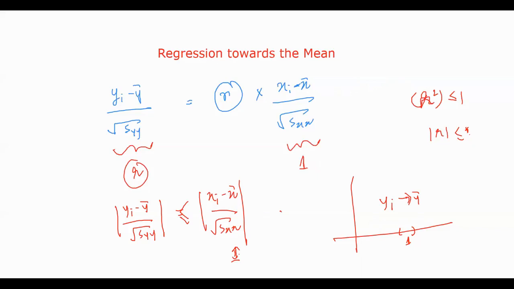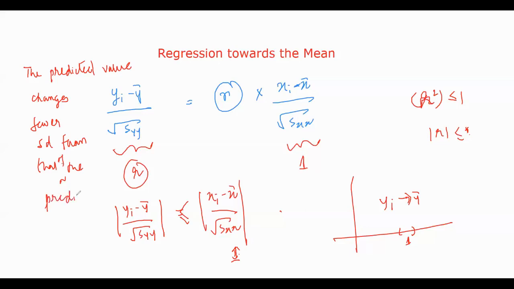So the predicted value deviates from its average by fewer standard deviations than the predictor. This is the perfect language. The predicted value deviates fewer standard deviations than that of the predictor.